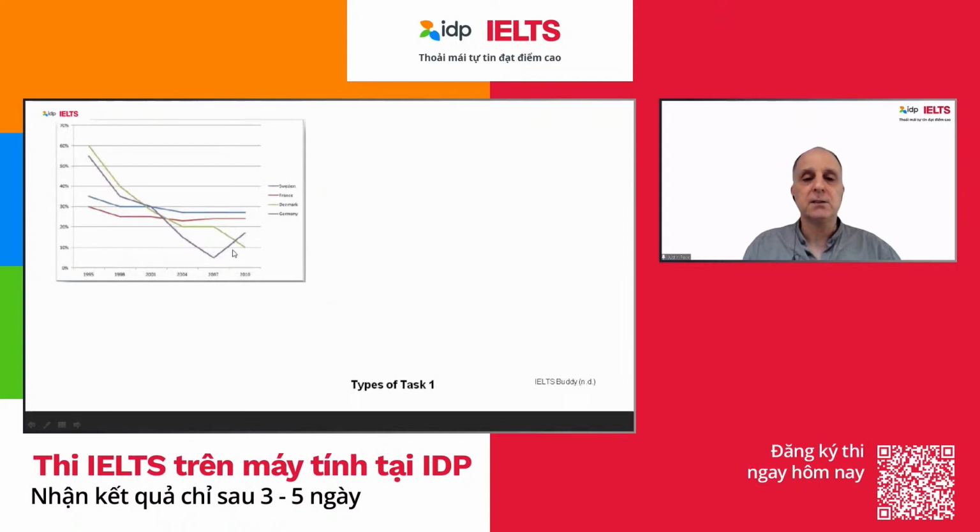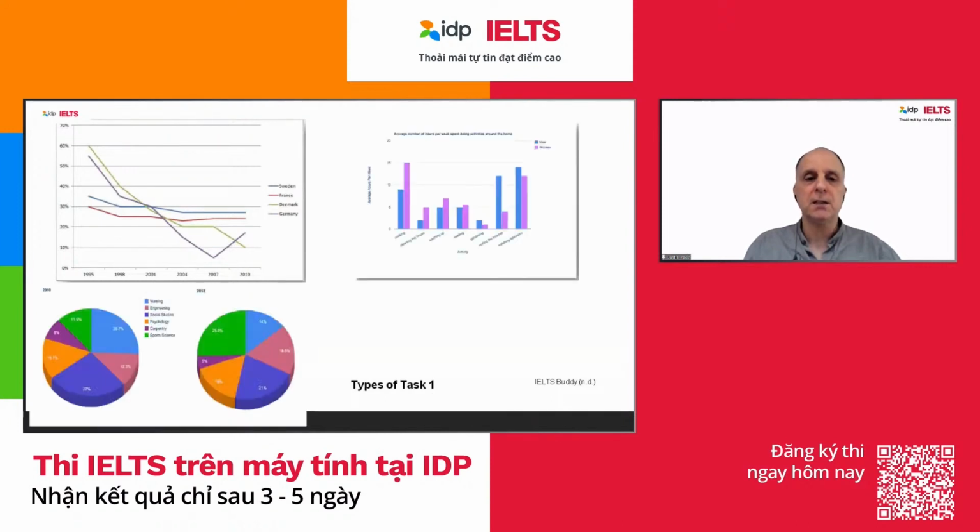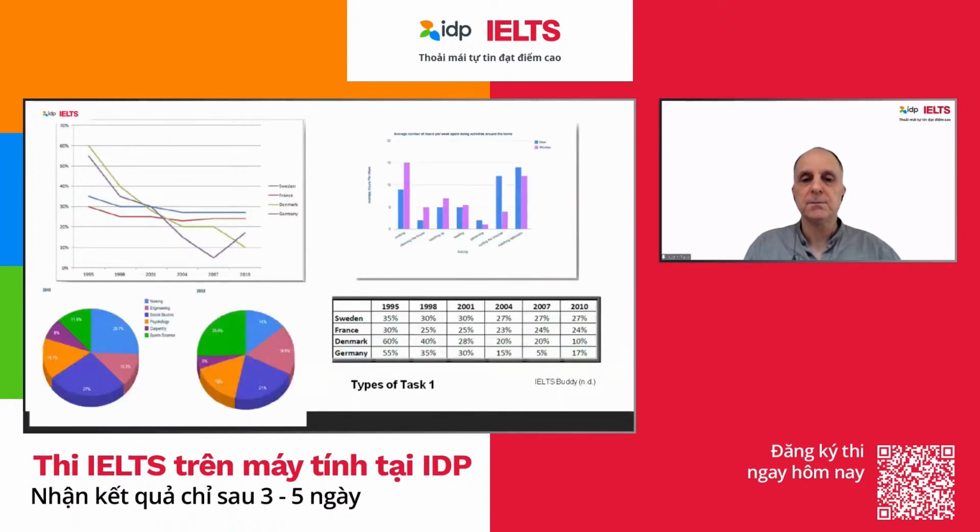So obviously, lots of the graphs that you're going to possibly get are the line graph, the bar chart, the pie chart, and the table. These are very common. All these tasks are quite common, so you never can predict what you will get.